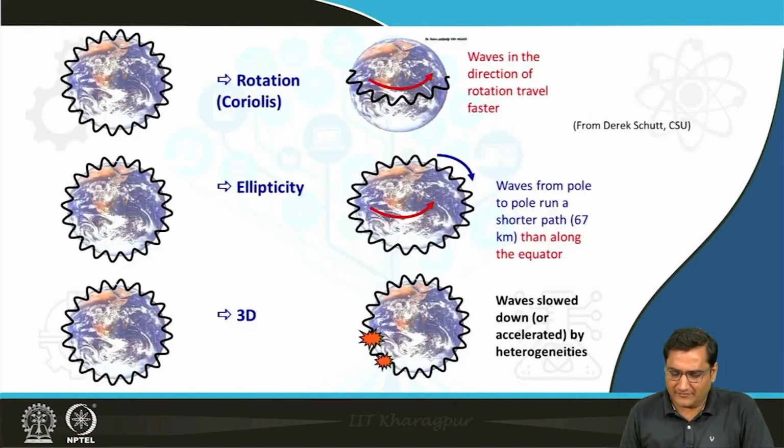Now let's look at this particular figure, which is basically the graphical, or pictorial, representation of what we have learned in the previous slide. Splitting happens because of the rotation of the Earth, because of the ellipticity of the Earth, and also because of 3D variations in the Earth.